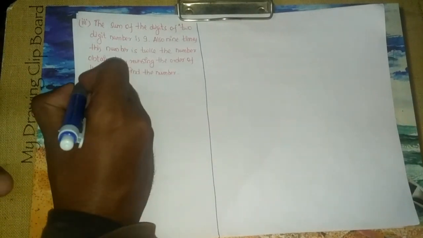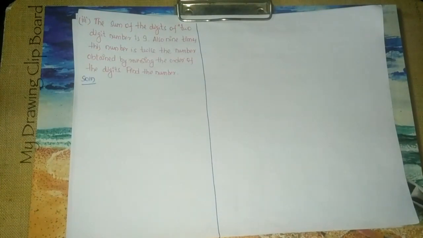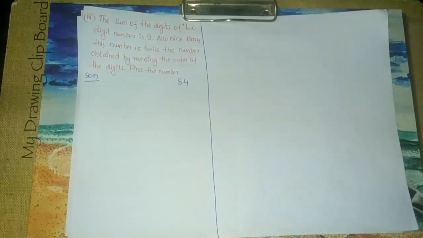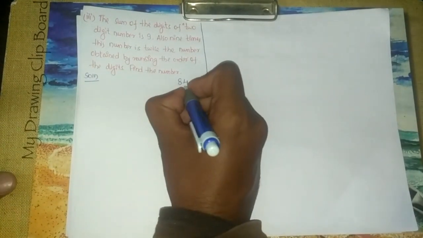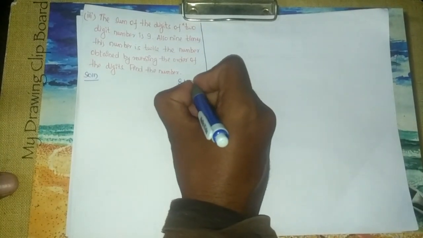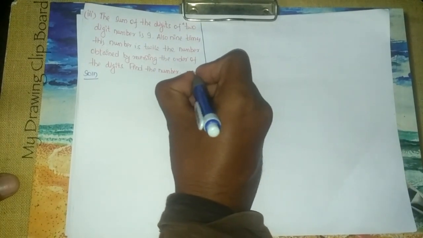Let me write down with an example. Say we have a two-digit number as 84. In expanded form, this 84 can be written as, you know that this place is units place and this place is tens place.